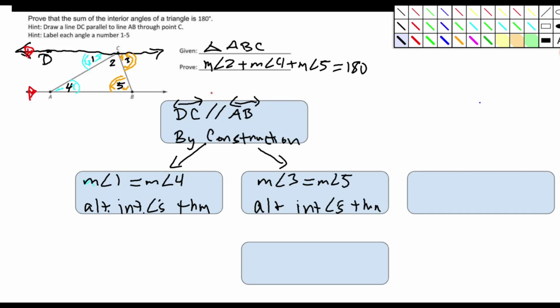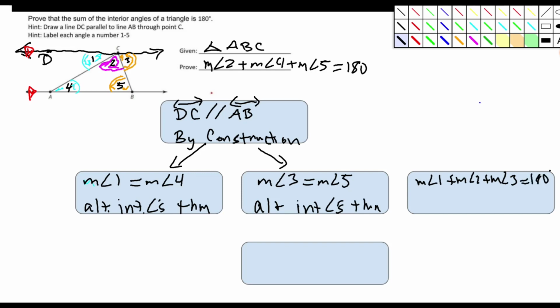Now I have this whole other box over here on the side that has nothing in it. So I'm going to color it in just like we saw in our little GeoGebra. Now, what can you conclude about angles 1, 2, and 3? We should know that the measure of angle 1 plus the measure of angle 2 plus the measure of angle 3 is equal to 180.